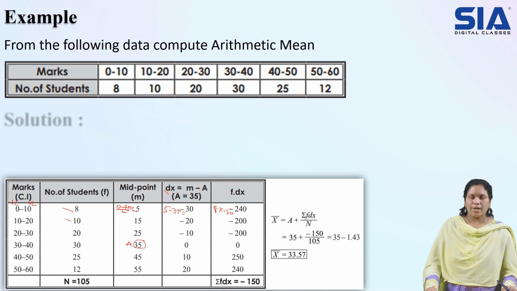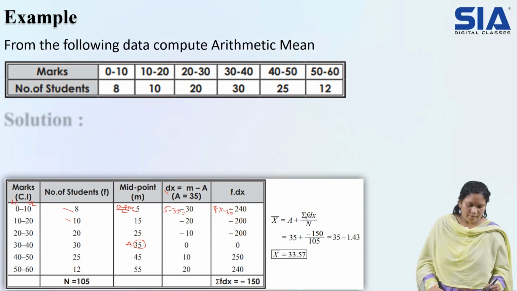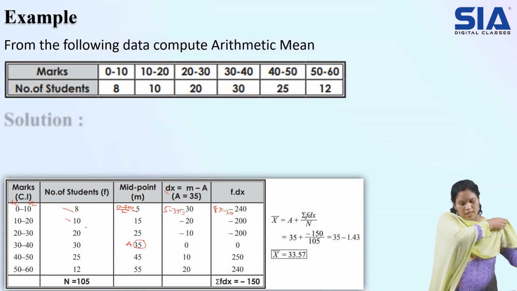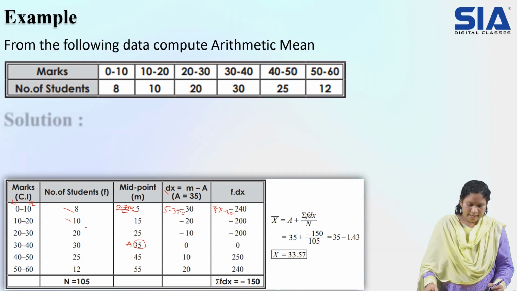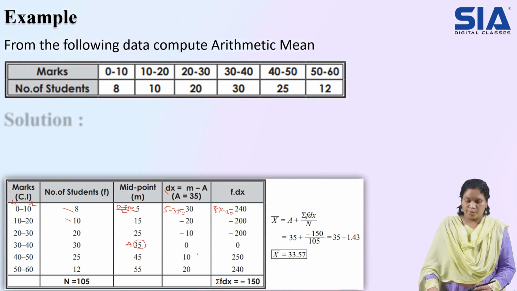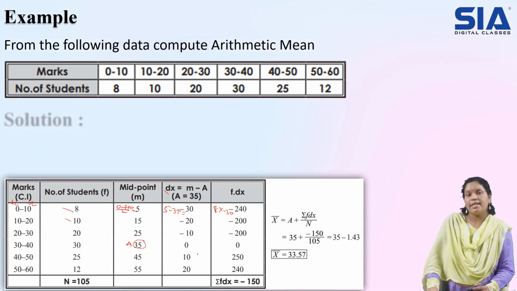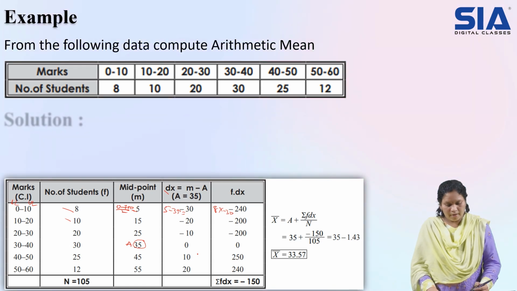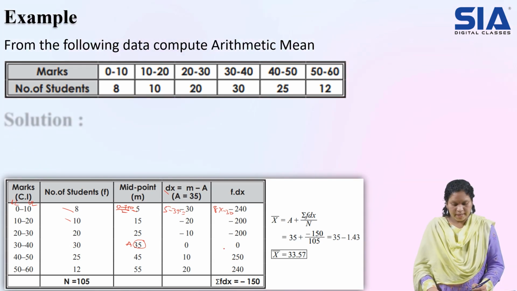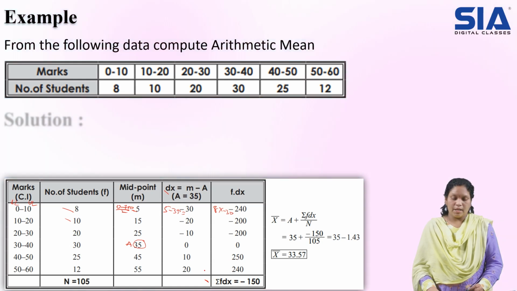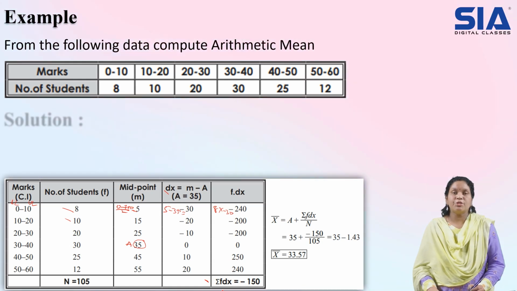Similarly, go for all other values. 10 into minus 20, you'll get minus 200. Next, 20 into minus 10, minus 200 again. So like that, you'll get all the values in the f dx column. Now add up all the values of the last column, you'll get summation f dx. Summation in the sense adding all the values.